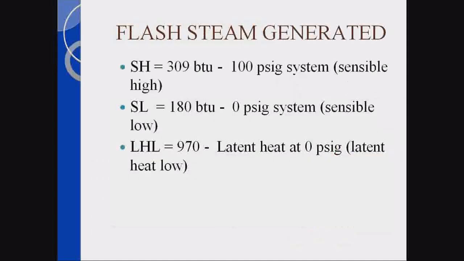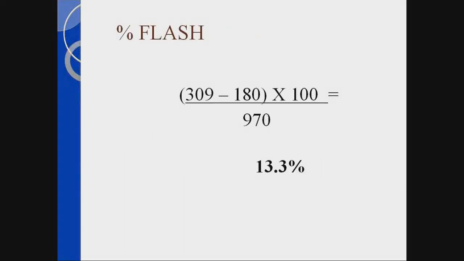If I put this into the equation, then SH equals 309, which is on the high side of the steam trap. The discharge side of the steam trap is 180 BTU per pound. The latent heat's 970, so I divide that into this equation, which is 309 minus 180 times 100 divided by 970 equals 13.3%.